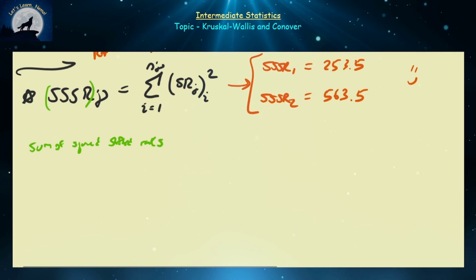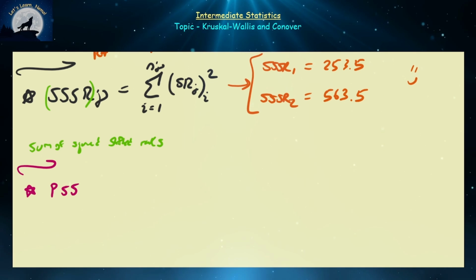Right? So once we have our sum of squared shifted ranks, then comes another metric, which I'm going to abbreviate by PSSSR. This is just going to be the pooled sum of squared shifted ranks value. P is just pooled here.